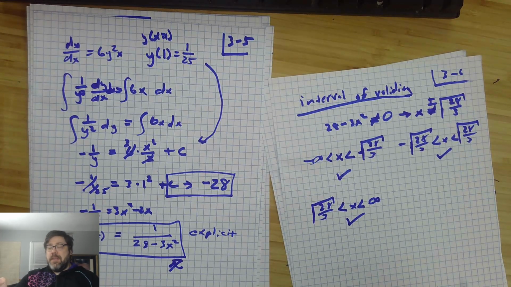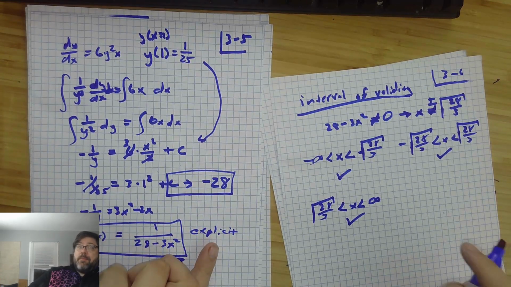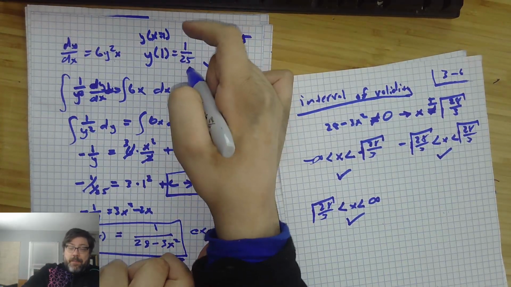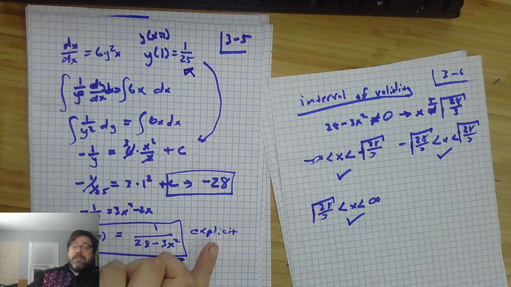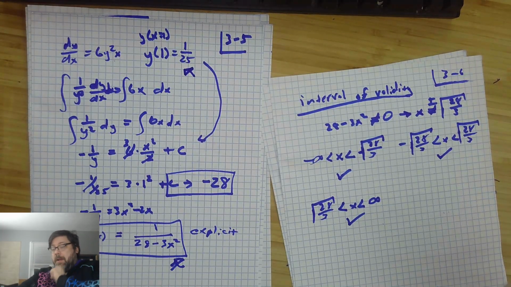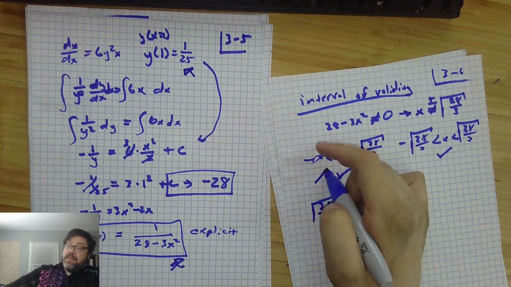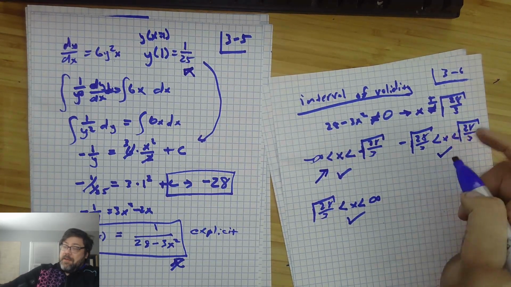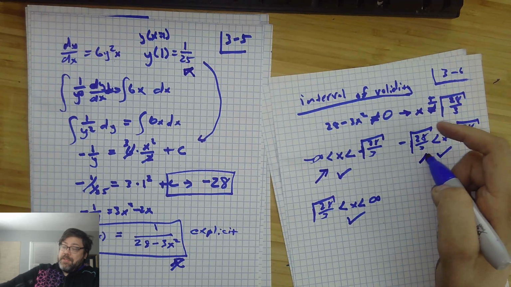In our case, we know where it's at due to our initial value, right? Remember, our initial value here was x equals 1, right? So if we had x equals minus 1,000, we would say it's in this interval of validity, right? If x equals 0 was our initial one, we'd say it's here.